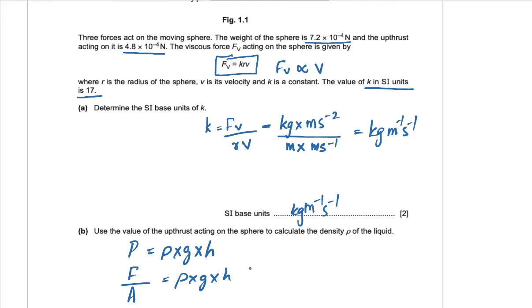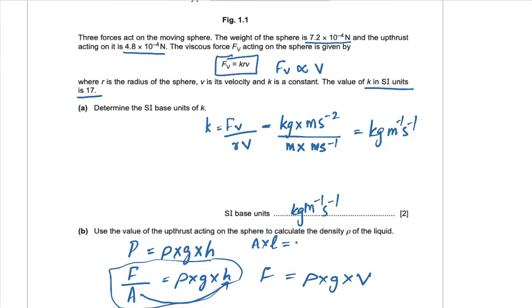Now when we rearrange this formula, F becomes density times g times volume, where volume is h times A, because when you take the cross-sectional area to the side, h multiplied by A is equal to the volume. So this becomes density times g times volume.